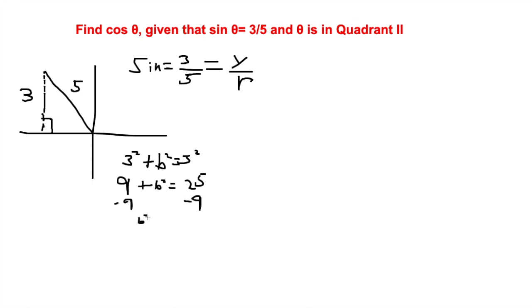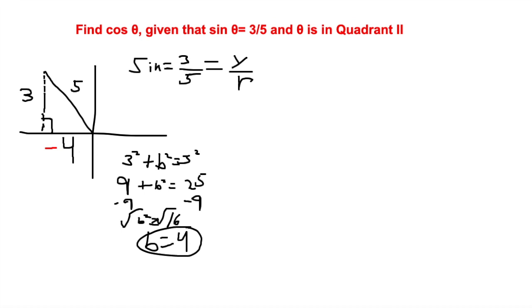We have b squared equals 16. The square root of 16 is b equals 4. So we know that this missing side, the x side, will be 4, but it is also negative because it is on the left side of the x-axis, which is negative.